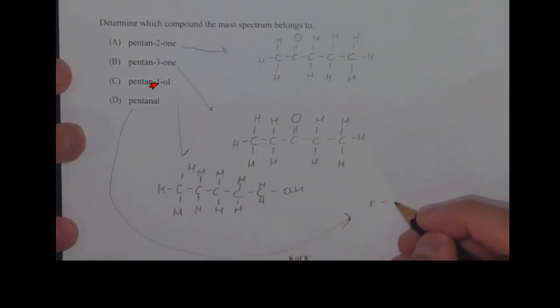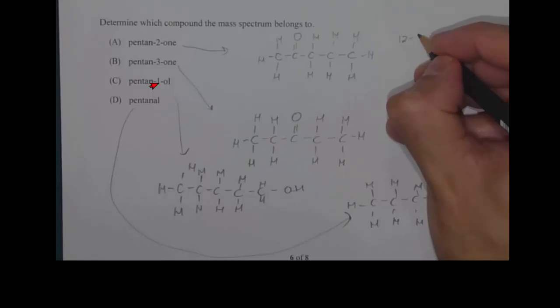Hopefully they'll cancel out by atomic weight. It's an -ol. So nasty. See, that's a ridiculous amount of work. 6 carbons, 5 carbons is 60.